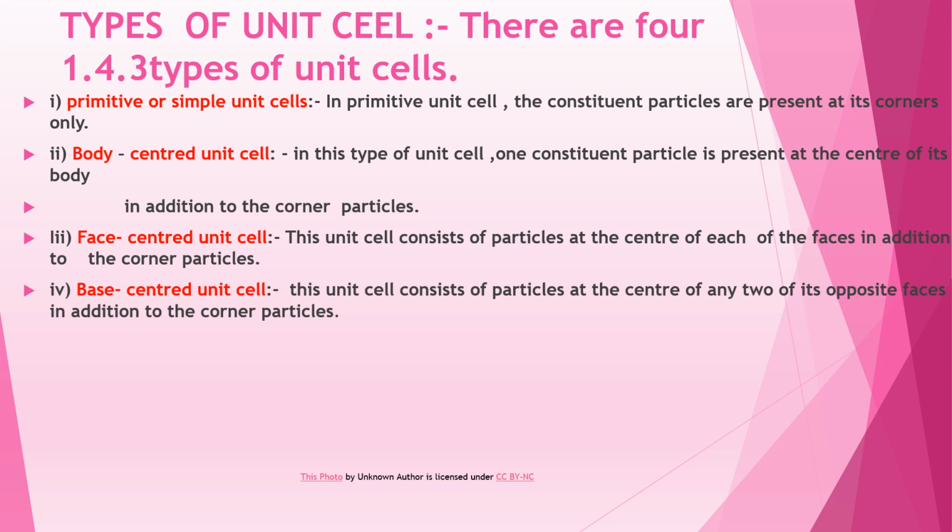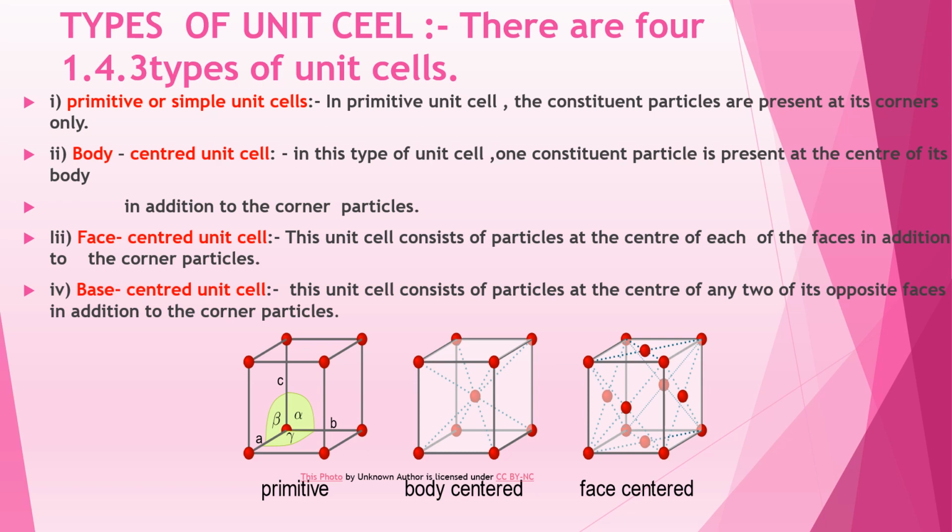Last one, the base-centered unit cell. In the base-centered unit cell, particles are at the center of any two of its opposite faces, that is, the top and bottom faces.